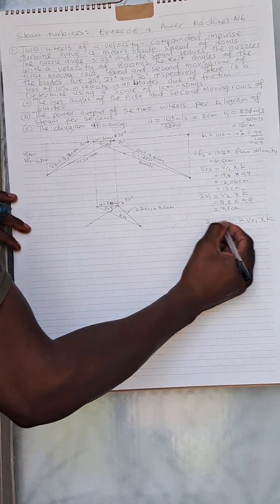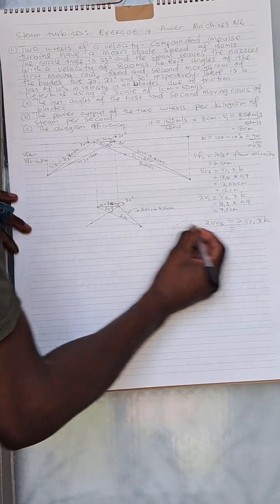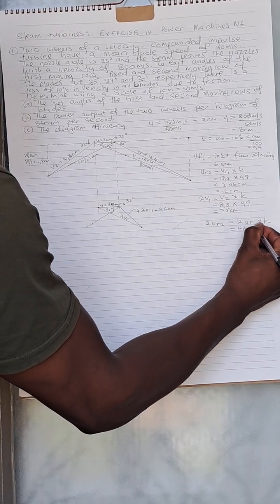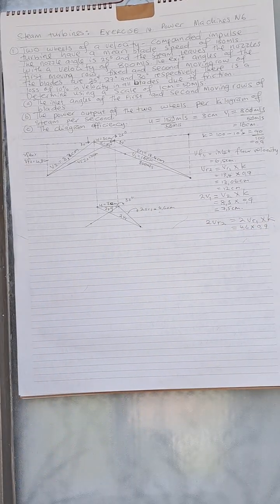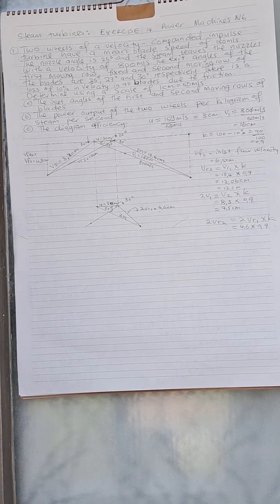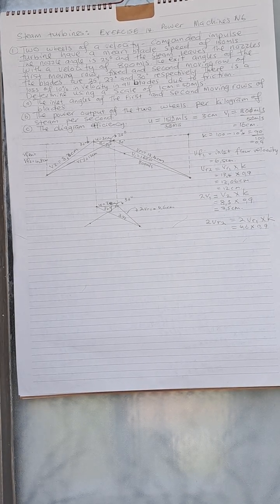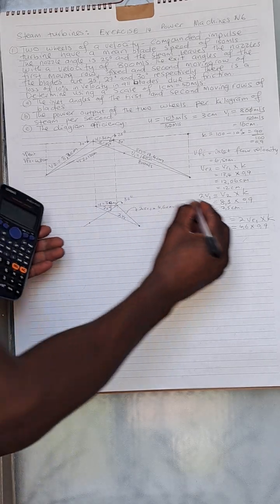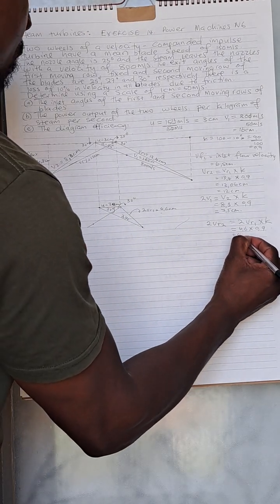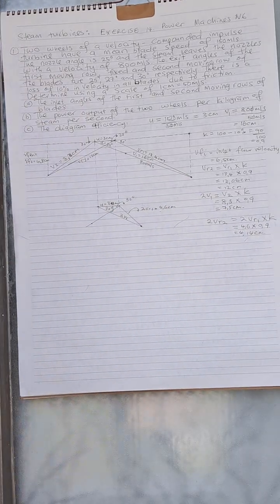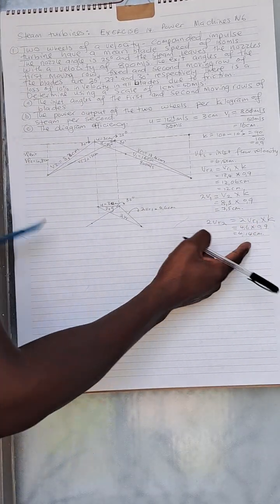Okay, so our 2VR1, we got it as 4.6. Our K is 0.9. So let us substitute and see what we are getting. 4.6 times 0.9, I'm getting 4.14 centimeters.